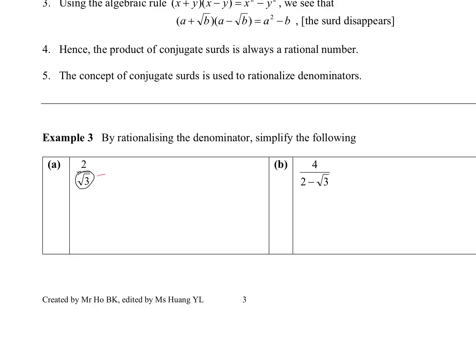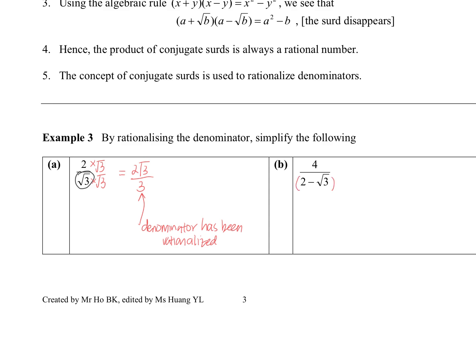So we multiply by root 3 for both numerator and denominator. You end up having this. Can you see that your denominator has been rationalized? That means it has become a rational number. No more surds, no more square root in the denominator. So this is called rationalizing.